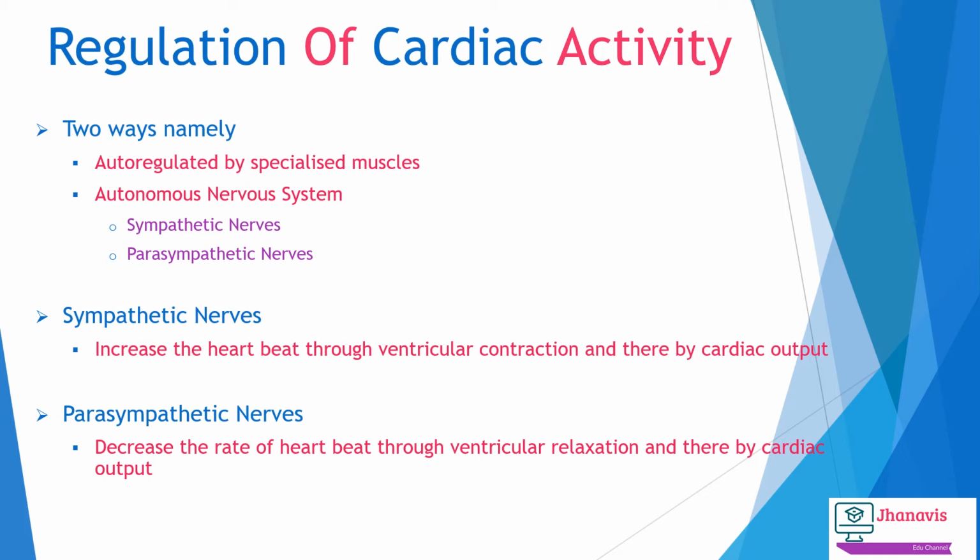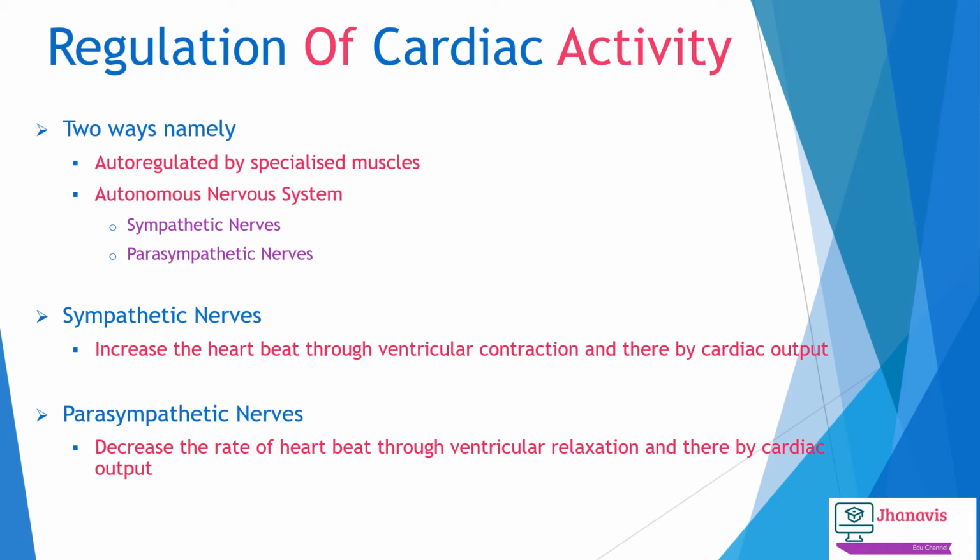We all know that the heart will pump the blood with the help of contraction and relaxation of the heart muscles, that is the cardiac muscles. But the ventricular relaxation will result in a decrease in the rate of the heartbeat, thus maintaining a balance between the pumping of the blood and the contraction and relaxation of the ventricles.